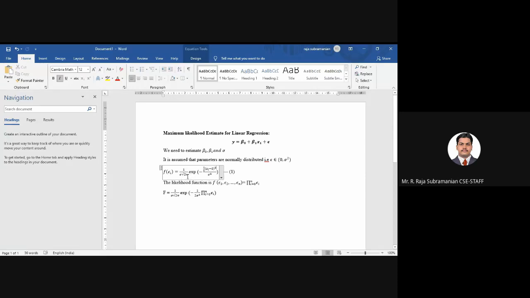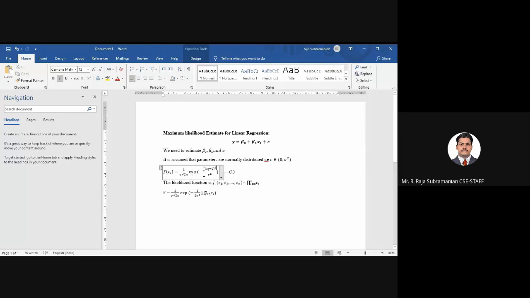This root is for the entire 2 pi. Exponent of minus 1 by 2, and instead of x i I put epsilon i minus mu. What is mu? It is 0, because for the normal distribution we have mean as 0, the whole squared, divided by sigma squared. So this is actually the formula for the normal distribution.